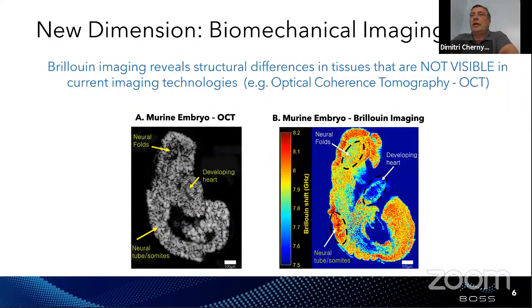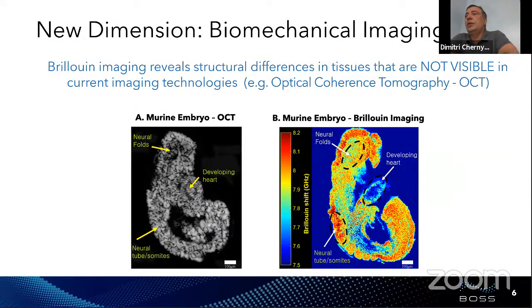One way to understand also what Brillouin imaging does is to compare images of this mouse embryo. It's the same embryo measured by OCT and measured by Brillouin imaging. So you can see that OCT gives you very good information about morphology and shapes, but it doesn't really show you any differences in structural information for this embryo.